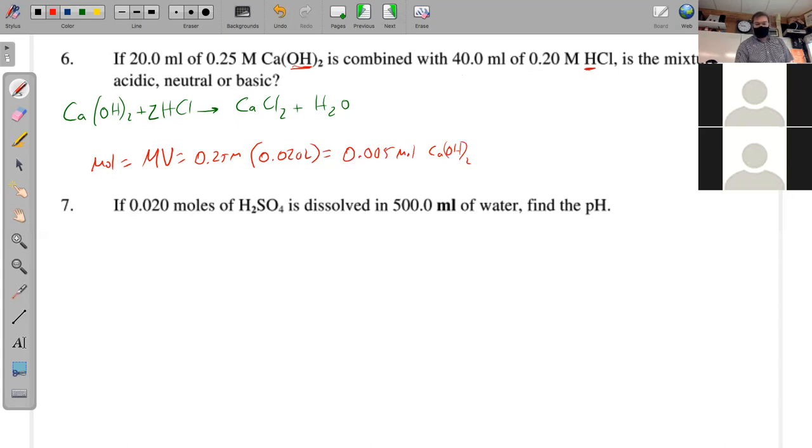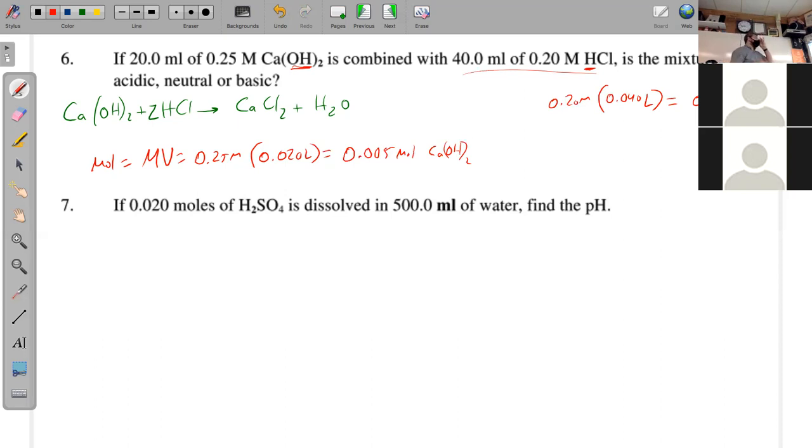And the same thing with the hydrochloric acid. If I take 0.20 molar times 0.040 liters, you get 0.008 mole of HCl.